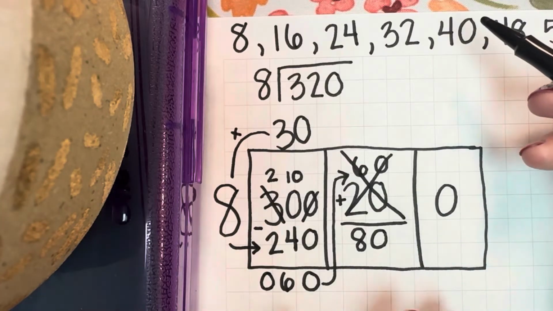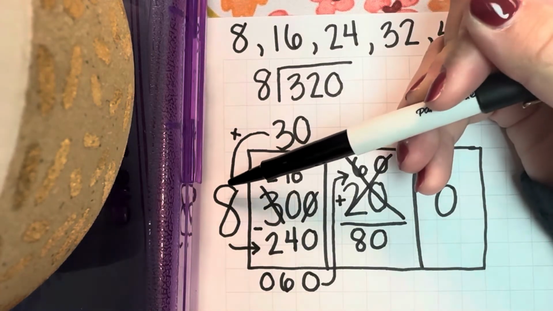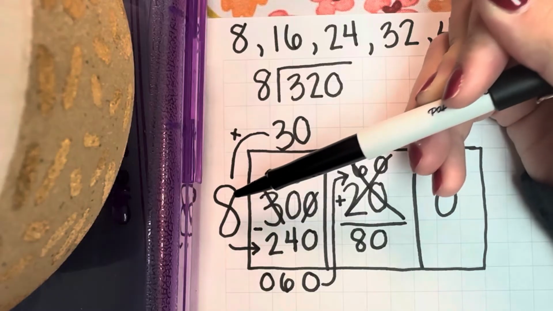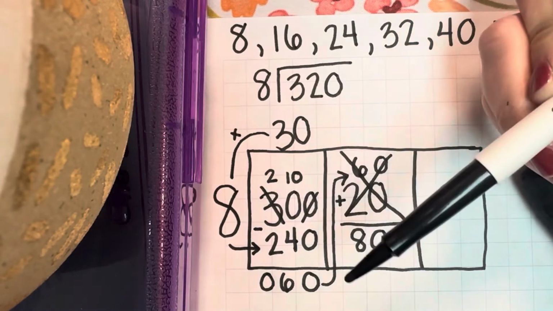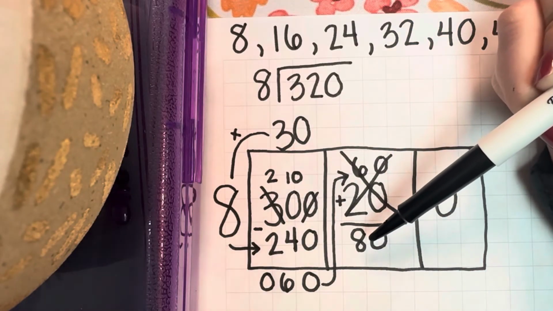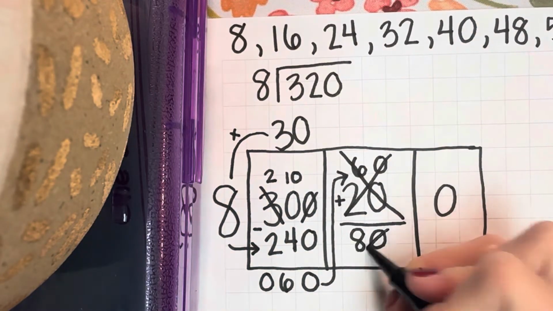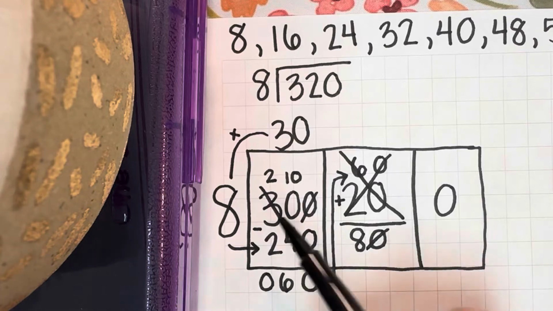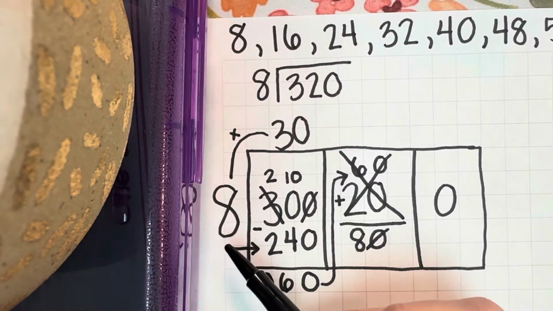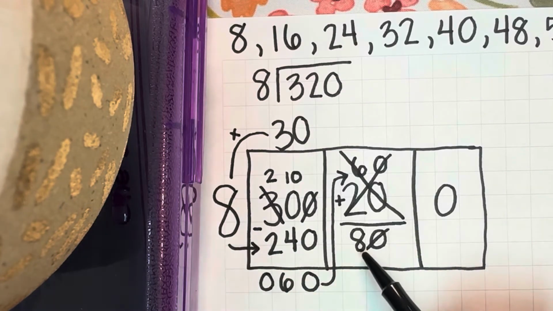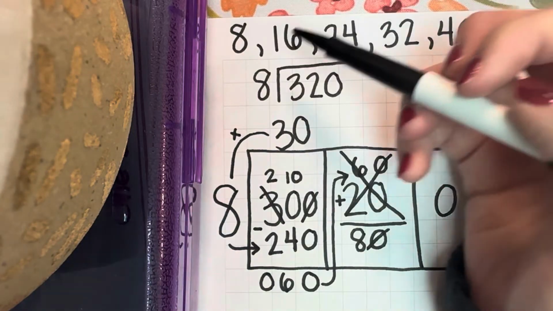Okay, so we're going to go back to our 8. And we're going to ask ourselves, can 8 fit inside of 8? Yes, it can. So again, I don't need that 0. I can cross him out for now. And how many groups of 8 can fit into 8? Come up here.